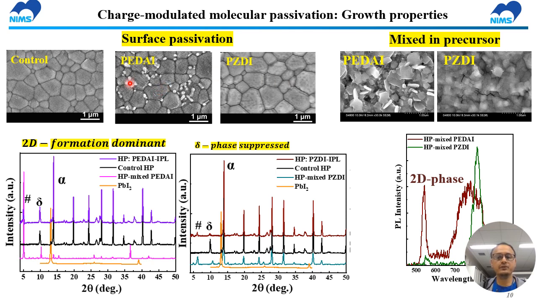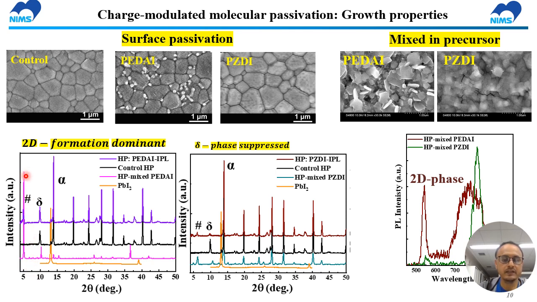To confirm those observations on the surface, we studied the XRD pattern. For a comparative study, we also prepared a perovskite film with mixed PADI and compared it with the surface passivated perovskite film. We can see that the PADI mixed film shows a very high characteristic peak below 10 degrees.